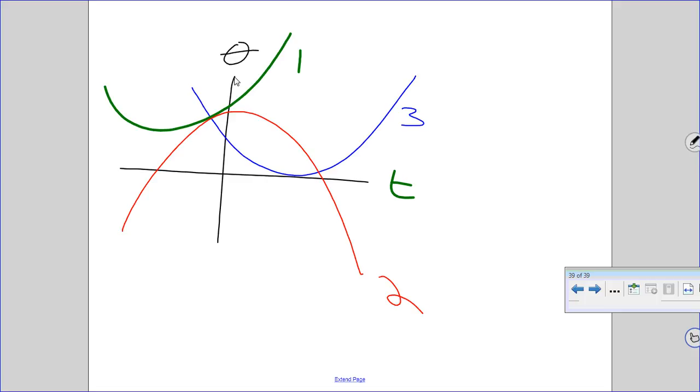This is a wheel spinning in a negative direction, slower and slower, stopping, and then spinning in a positive direction, faster and faster. Let's say negative direction is clockwise. So it's spinning in a negative direction, slowing, stopping, and then going in a positive direction, faster and faster. That's the green graph. Cool? The blue graph is the same thing, except it's just a little bit later in time, right? Does that make sense? Okay? What's the red one doing? The opposite, right?